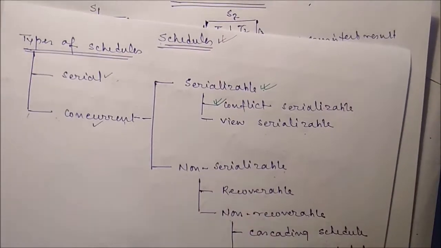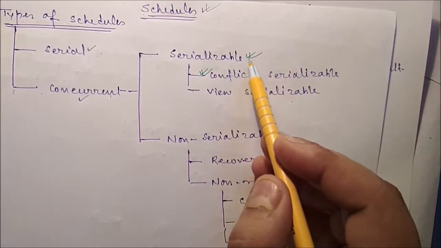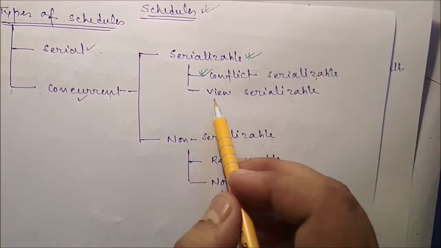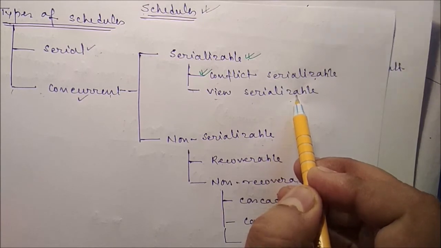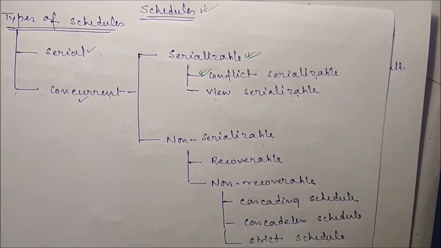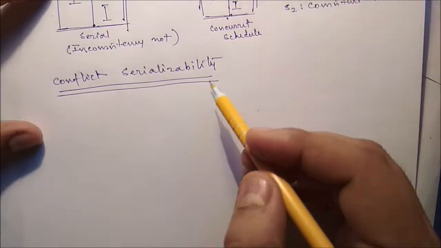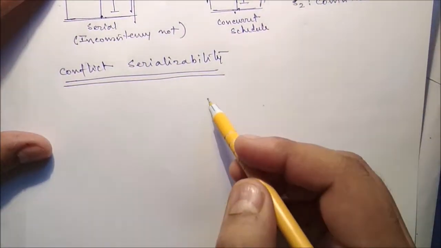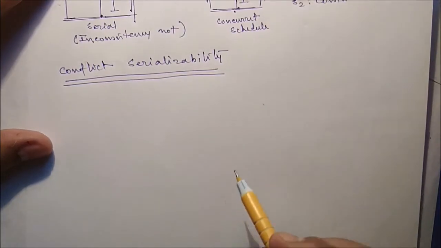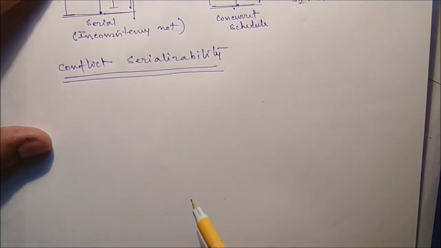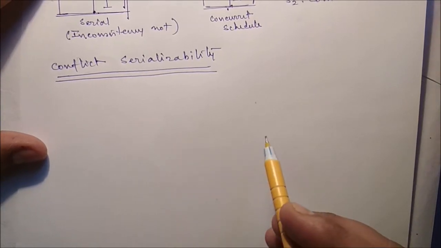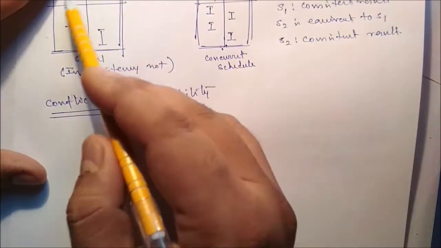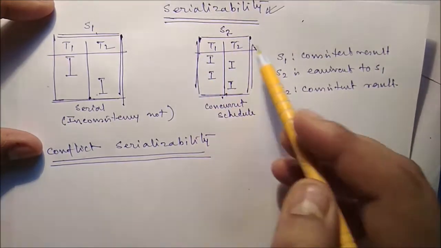And you already know serializable has two types: conflict serializable and view serializable. In this video we'll talk about conflict serializable. So what is conflict serializability? If a concurrent schedule can be converted into a serial schedule by swapping non-conflicting operations, then it is called a conflict serializable schedule. Say this is the serial schedule and this is the concurrent schedule.